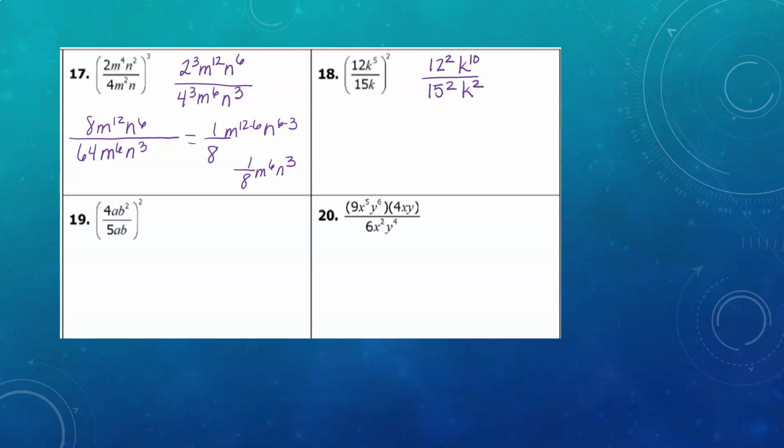So that ends up being 144, because 12 times 12 is 144. 15 squared is 225. So I'm going to simplify that to be 16 over 25. And I have k to the 10 minus 2 power equals 16 over 25, k to the 8th.